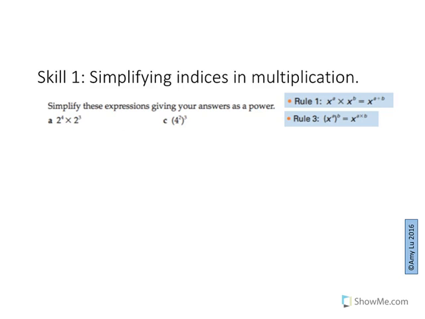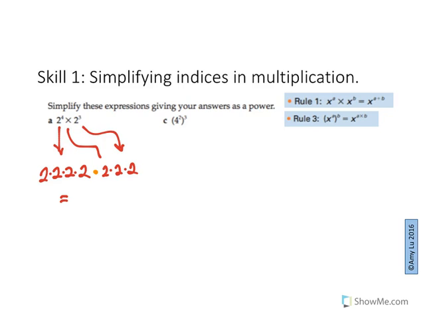So here we go. We're simplifying indices in multiplication. Here's the idea behind it. If I were to expand 2 to the power of 4 as 2 times 2 times 2 times 2, then multiplication, so I'm going to use a yellow dot there just to represent that, and expand my 2 to the power of 3, 2 times 2 times 2.